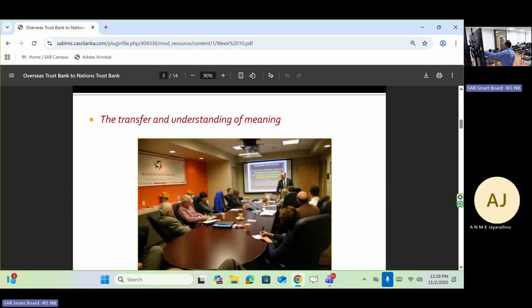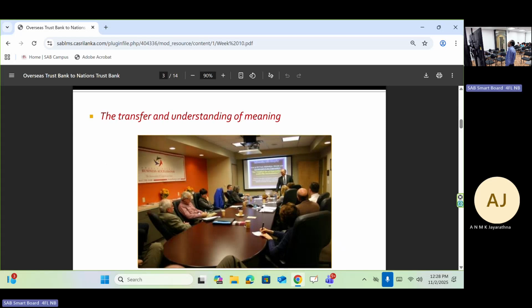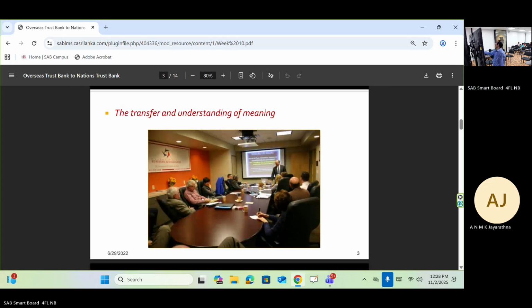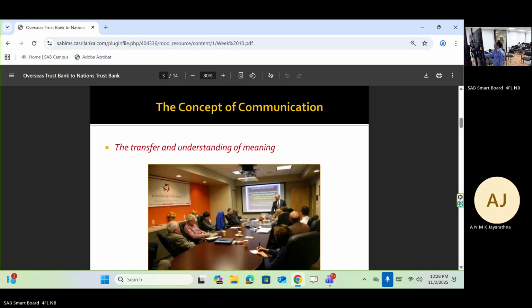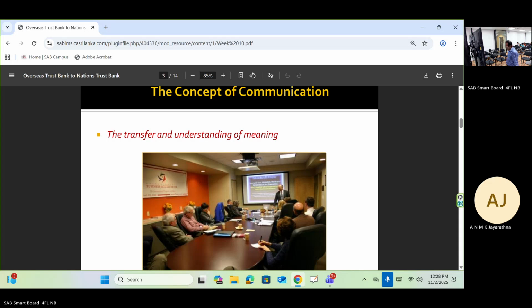When we see this photograph, most elements mentioned in the particular slide can be seen here. Right. Broadly, we can define communication as a transfer and understanding of meaning.